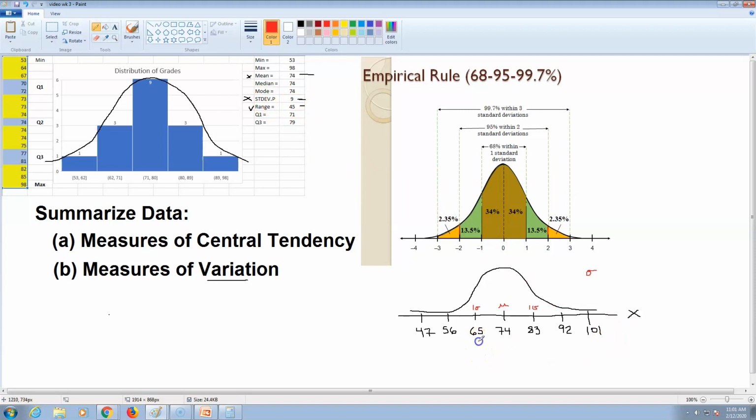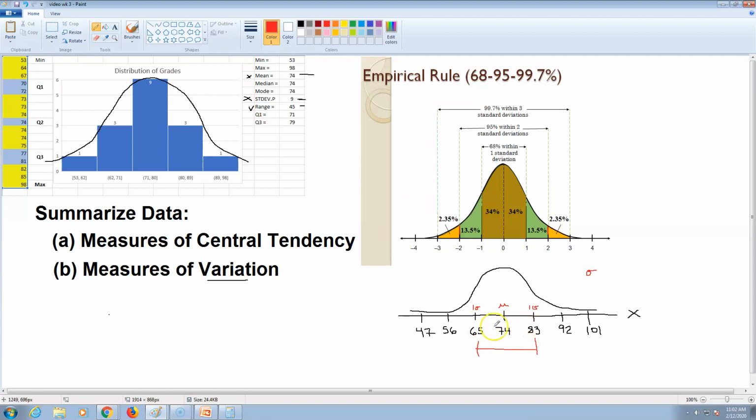So any score, or any student, or any test score that is in between 65 and 83 is within one standard deviation from the middle. It's 9 from 74 going to the left and 9 from 74 going to the right.